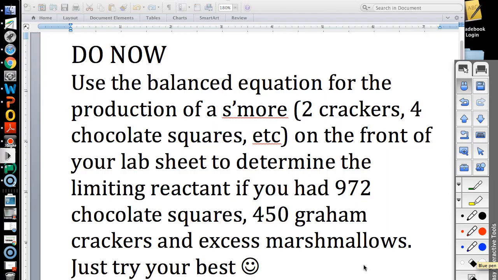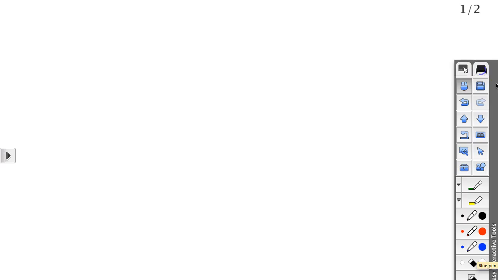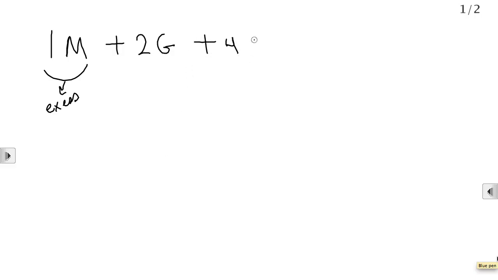So mathematically though, let's go over to the balanced equation for this and look at it that way. If you think about the recipe for a s'more, you had 1 marshmallow, and this was excess, so we didn't have to worry about that. That's plenty, 1 marshmallow, whatever. And then you had 2 graham crackers, and then you had 4 pieces of chocolate, and that gave you, and I don't remember how they broke the letters down, but basically a s'more, which was like an M and a G and a CH.